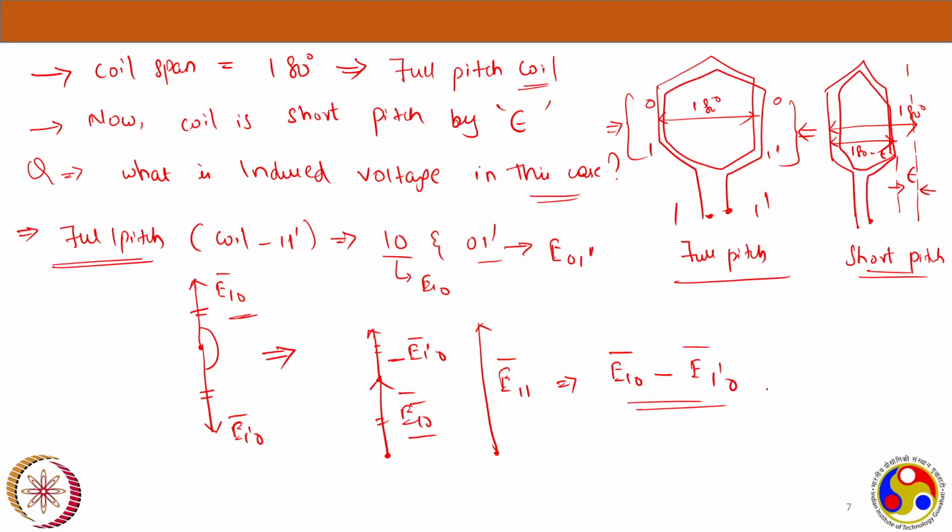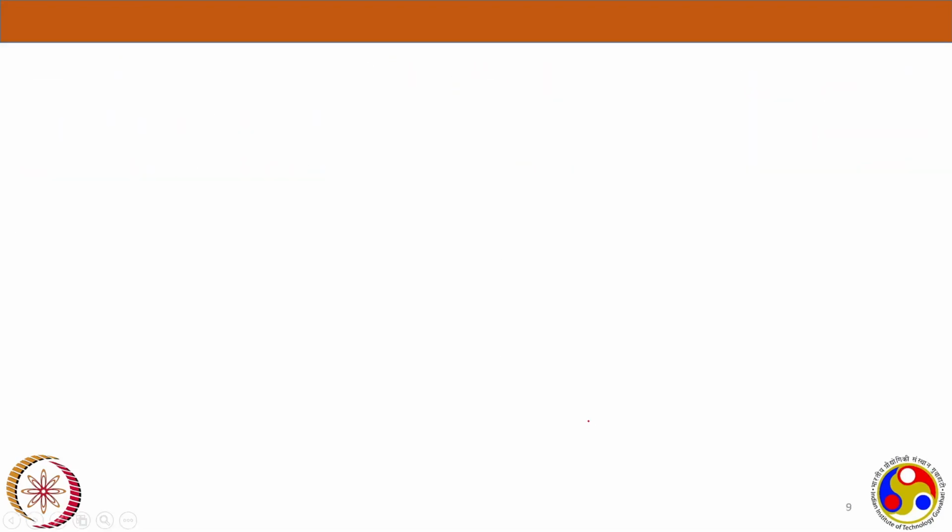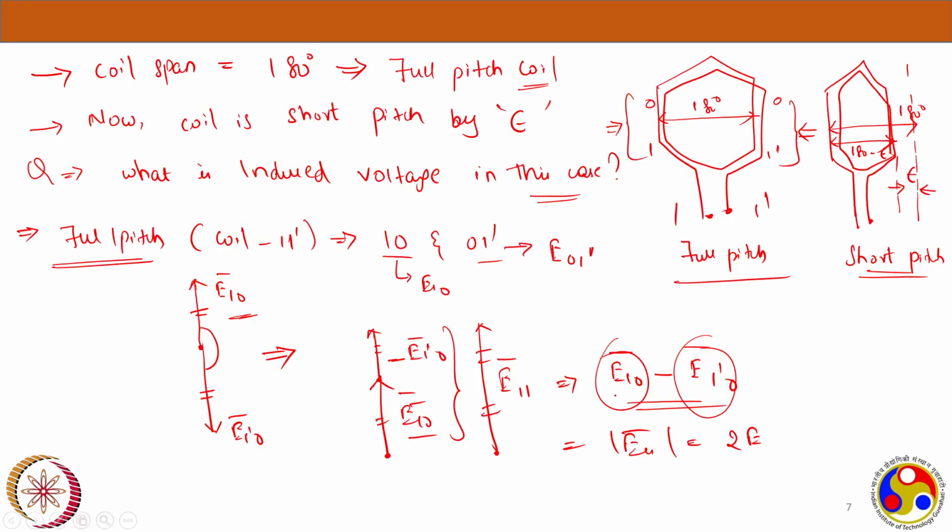The magnitude of E11 dash: this magnitude is E, this magnitude is E, and the summation of these two is 2E. So, as expected, just like in the concentrated winding, we get the maximum induced voltage if it's a full pitch coil.